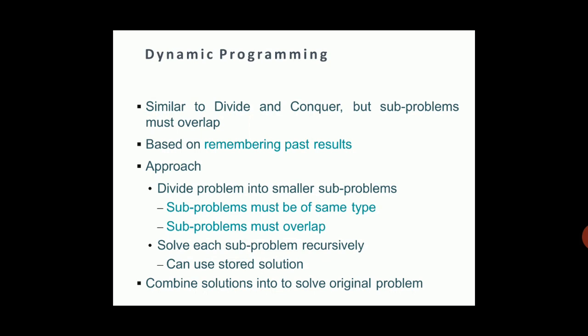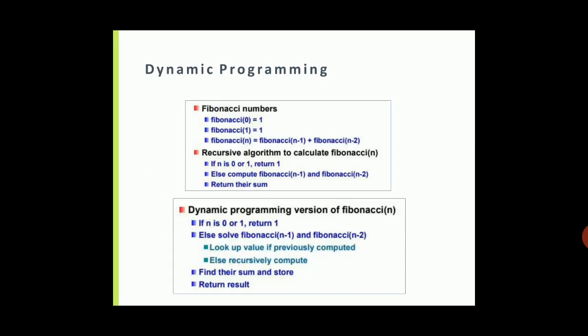The Fibonacci numbers go 0, 1, 1, 2, and so on. Let's see how to apply dynamic programming to this. The Fibonacci function is recursive: the first value is 1, the second value is 1, and then each next value is found from the previous two, so Fibonacci of n is Fibonacci of n minus 1 plus Fibonacci of n minus 2.